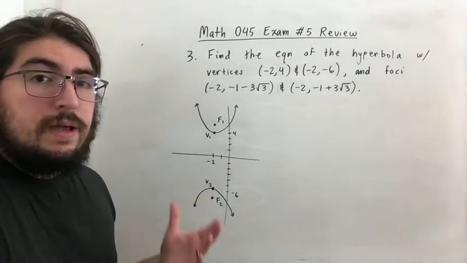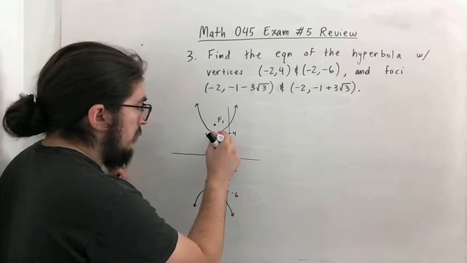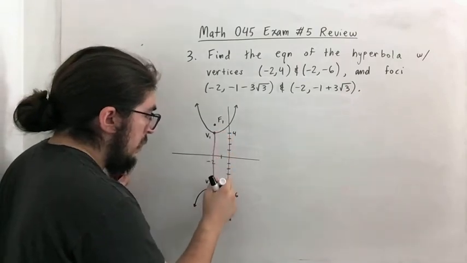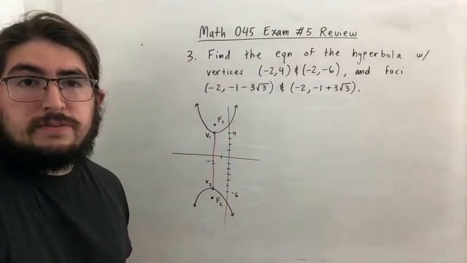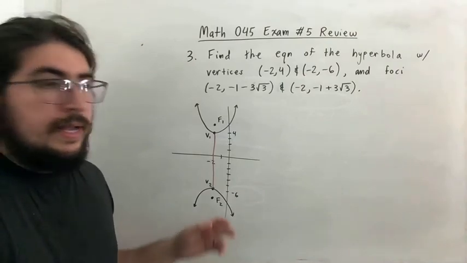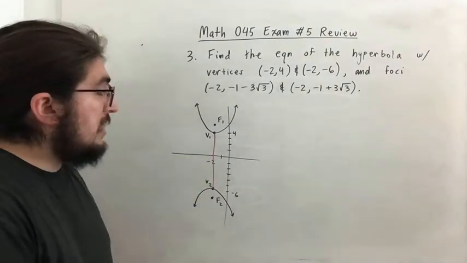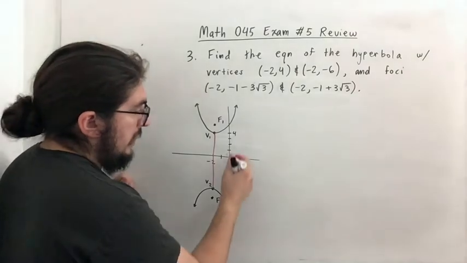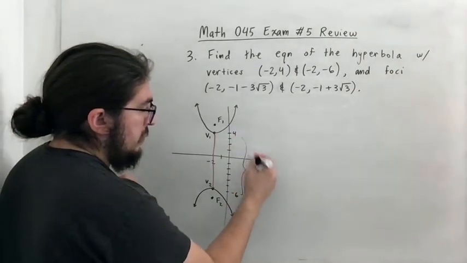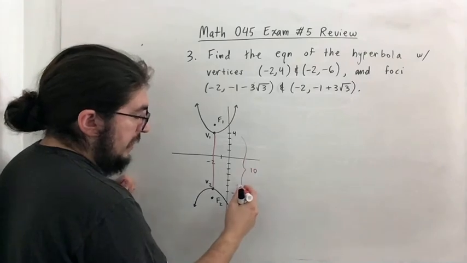Now, the visual way of doing this is to look at this vertical line that goes from V1 to V2 between the vertices. And notice the center is going to have to meet halfway in between. So we can just count this distance, 6 and 4, that's a total of 10 units. And if you half that, you get 5.